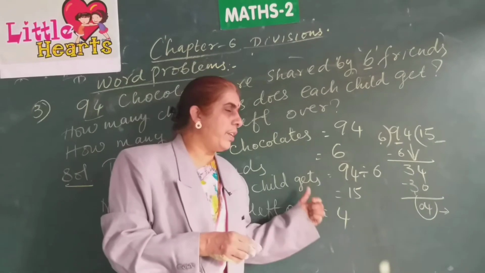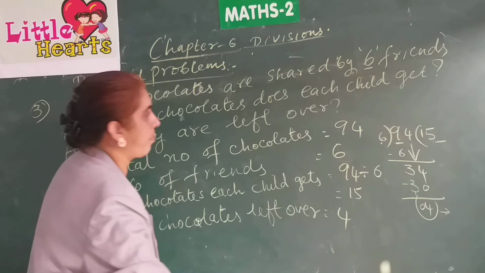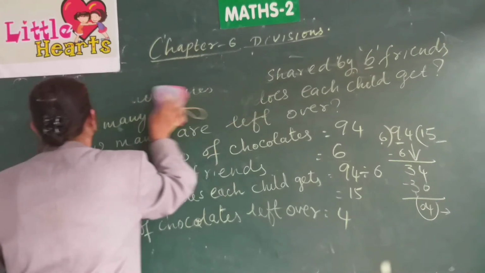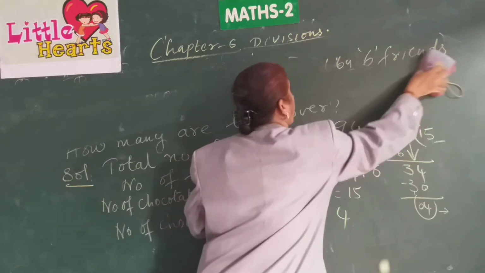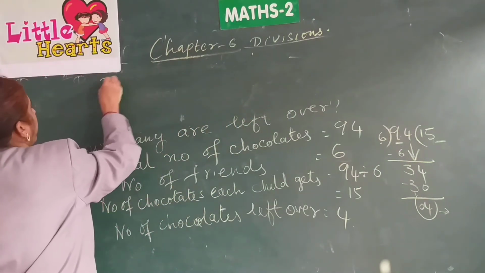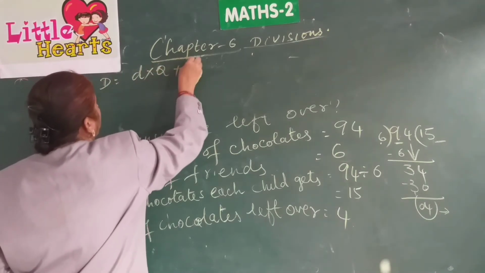For this you can verify our division. Check: divisor into quotient plus remainder.